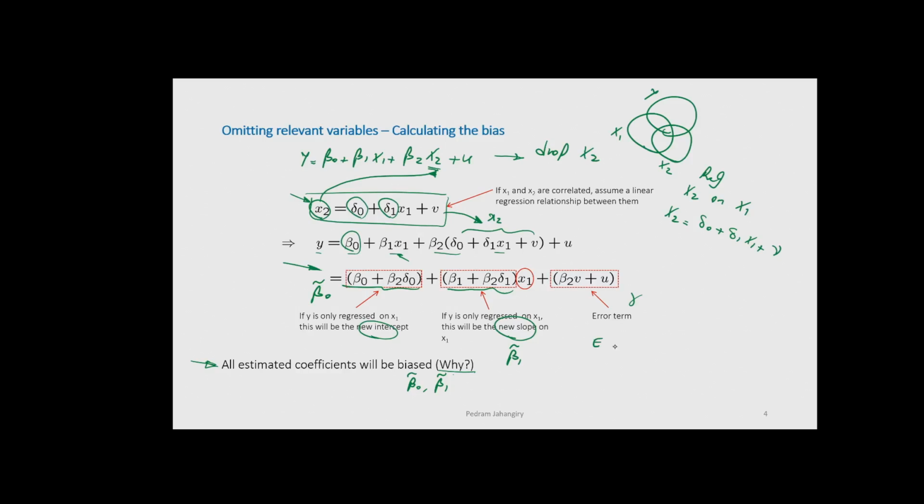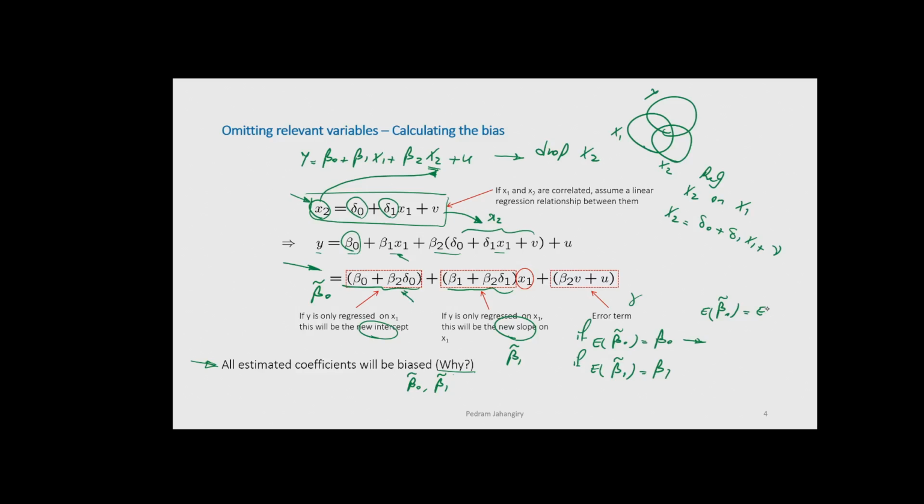If the expected value of beta 0 is equal to beta 0, and the expected value of beta tilde 1 is equal to beta 1. Is that the case here? No, because when I calculate the expected value of beta tilde 0, we have to open it up.